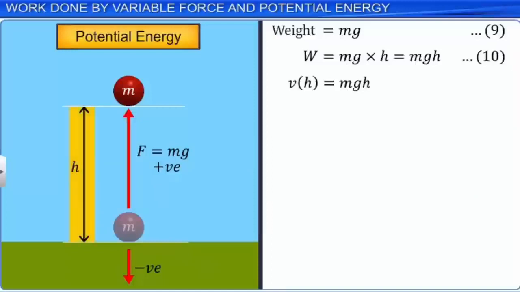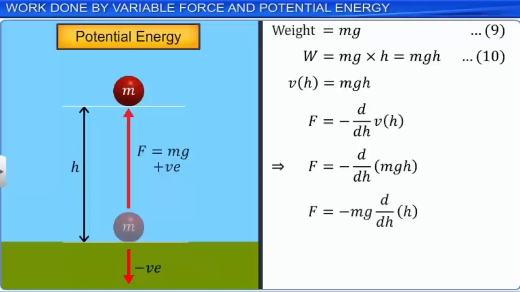If h is the variable, it can be easily shown that the gravitational force F is equal to the negative of the derivative of V of h with respect to h. Thus, F is equal to minus d by dh of V of h, equal to minus d by dh of mgh, which is equal to minus mg.